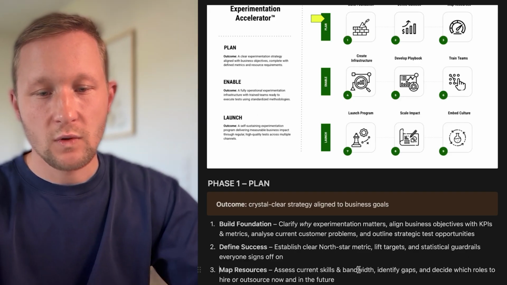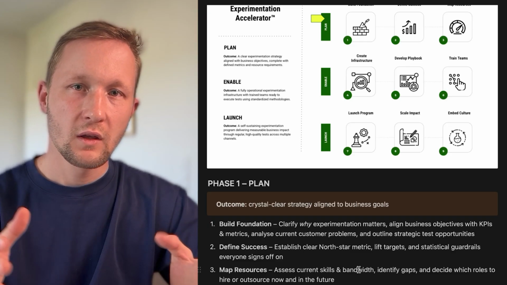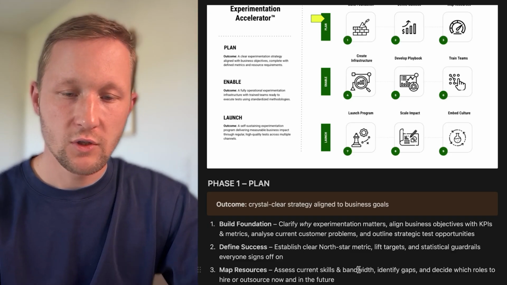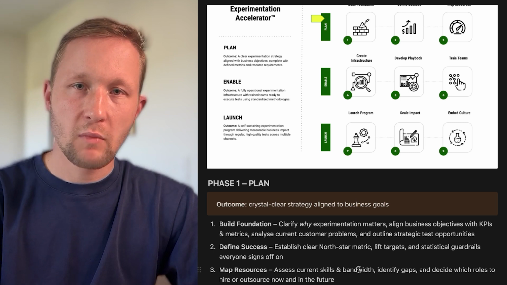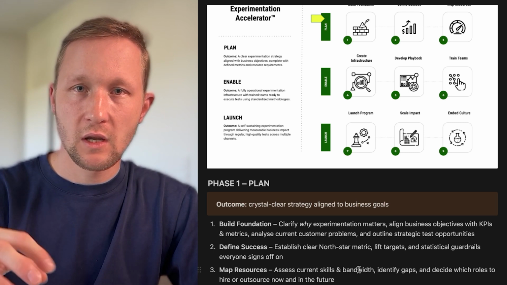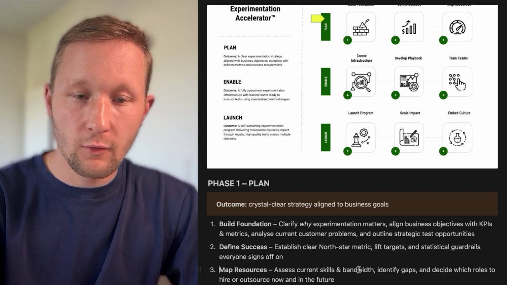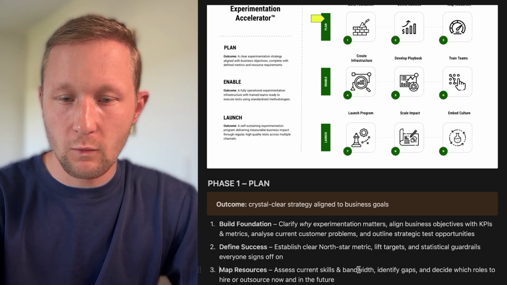Then with that comes identifying gaps, especially with skills: what kind of things do you not know how to do, and understanding, okay, maybe I need to start looking for other people in the company who have these skills, or for people to hire for these specific roles.